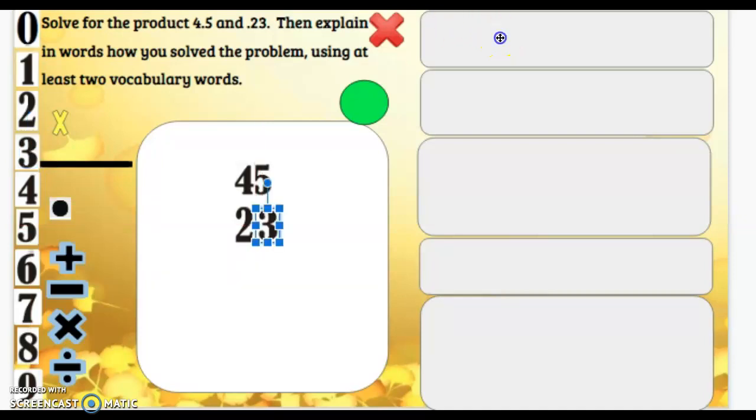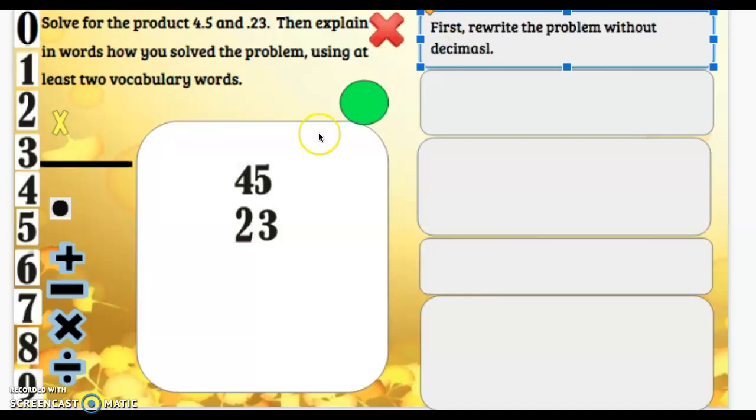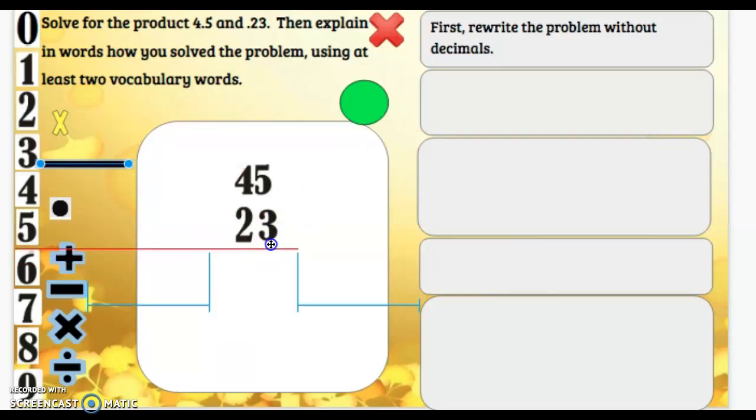So my first step, first rewrite the problem without decimals. Then we're going to put our multiplication sign there.